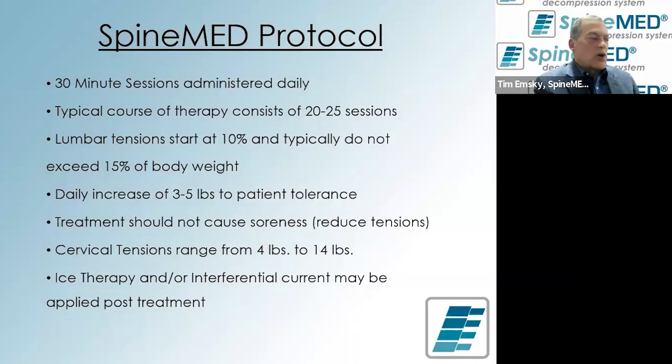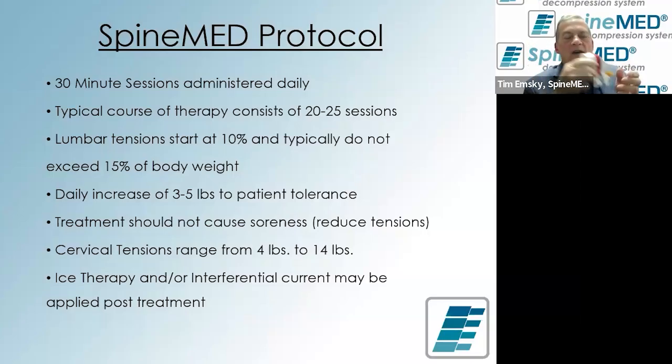And so with SpineMED targeting just the disc, what we found is that if you increase distraction forces beyond the protocol and a patient feels treatment, what they feel is a small area, the size of a silver dollar above S1 in the low back, centrally about the belt line, and it becomes warm and tingly.